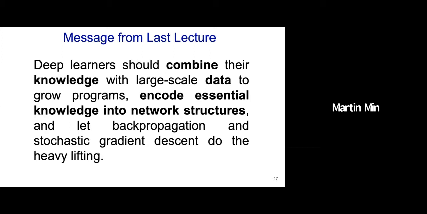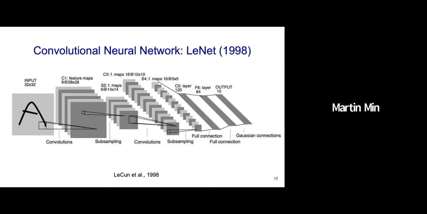So how can we encode this kind of location invariant detectors, or edge detectors, or Gabor filter detectors into our image classifier? One way to do that is to use convolution.